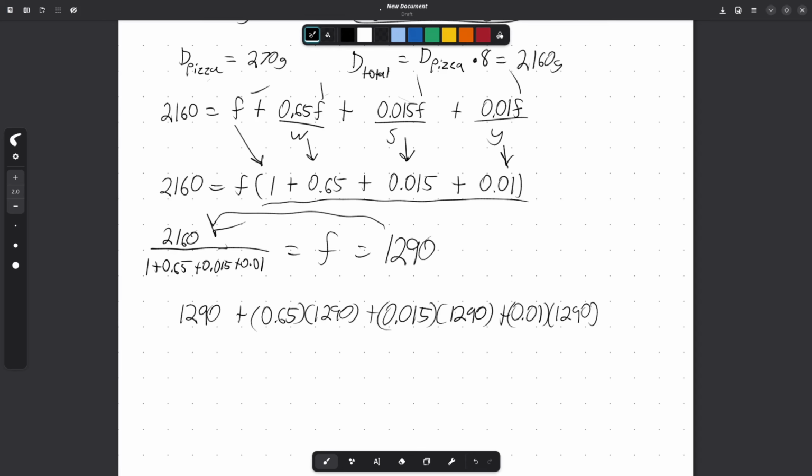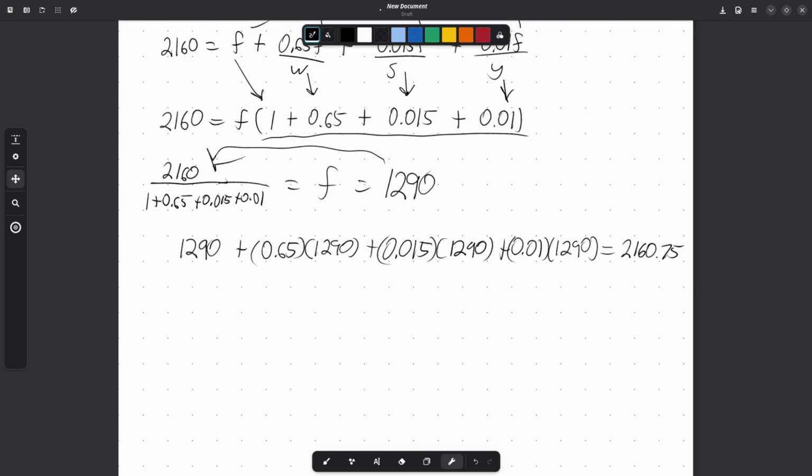Keep in mind, it will be slightly more than what we started with because we rounded up, but this demonstrates it will be roughly equal. If I didn't round, it would be entirely equal. Putting all this in, it equals 2160.75.